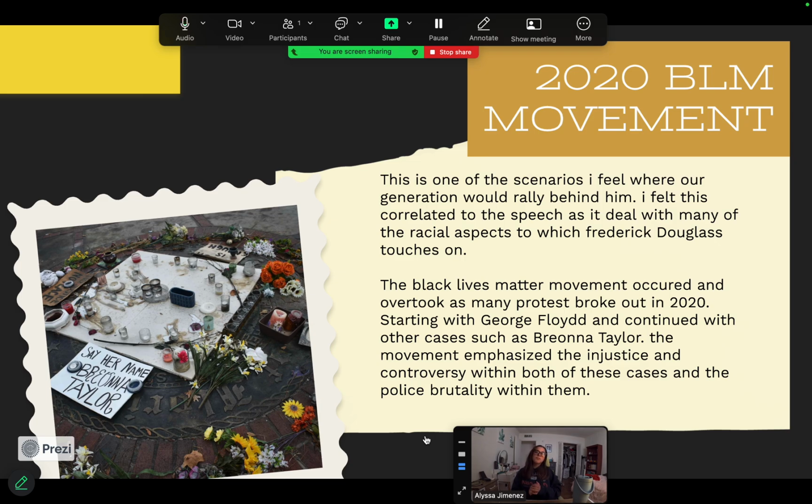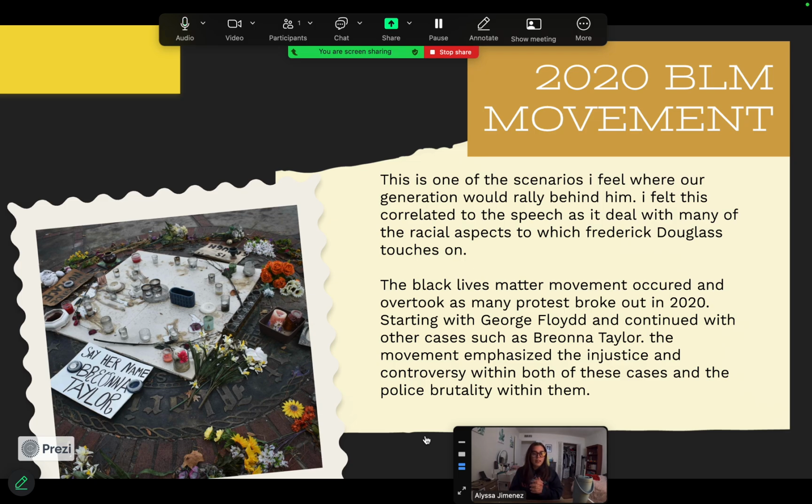I feel like this was truly the start of the pandemic for us, and this is when George Floyd, Breonna Taylor, those big massive cases got enough press that it was able to overtake every single social media platform. When I say every single social media platform, I'm telling you YouTube, TikTok, Instagram, Facebook, it was everywhere.